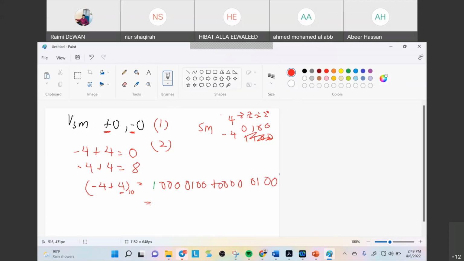So what do you have when you add these numbers?